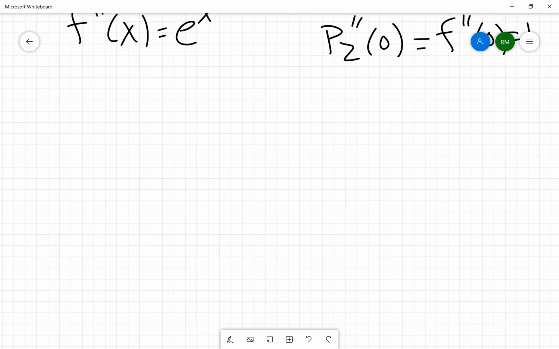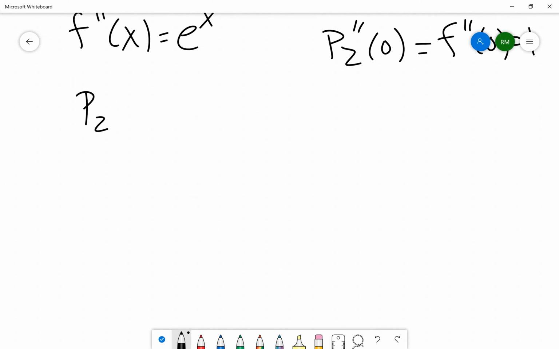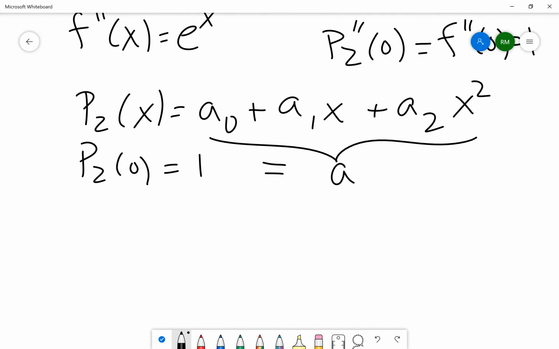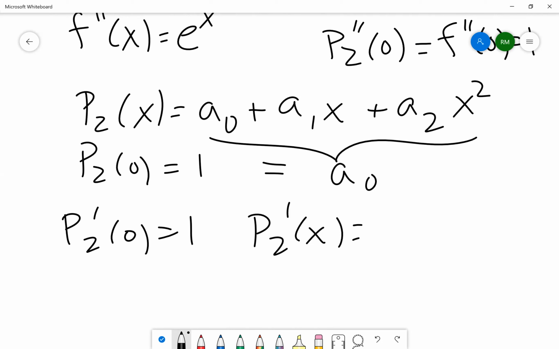So let's try to solve for that polynomial. I know that P2 of x must be a constant number plus some constant times x plus some constant times x squared. And we're going to solve for these coefficients. So I know that P2 of 0 is 1, and this tells me that that's the same as A0. So now I know what A0 is. Now I know that P2 prime of 0 is 1, and P2 prime of x is equal to A1 plus 2A2x.